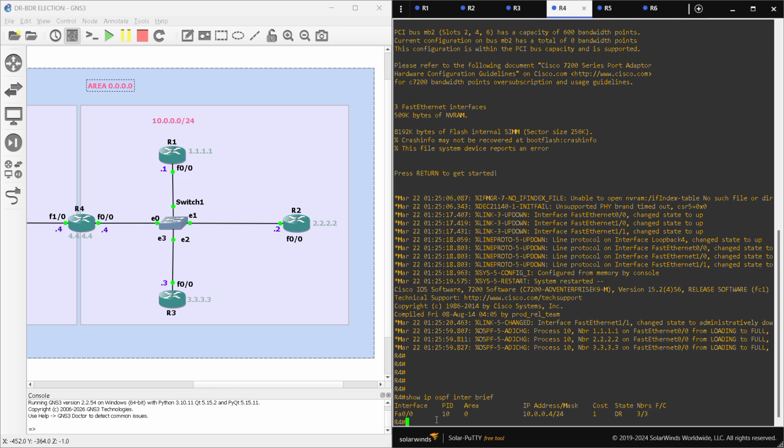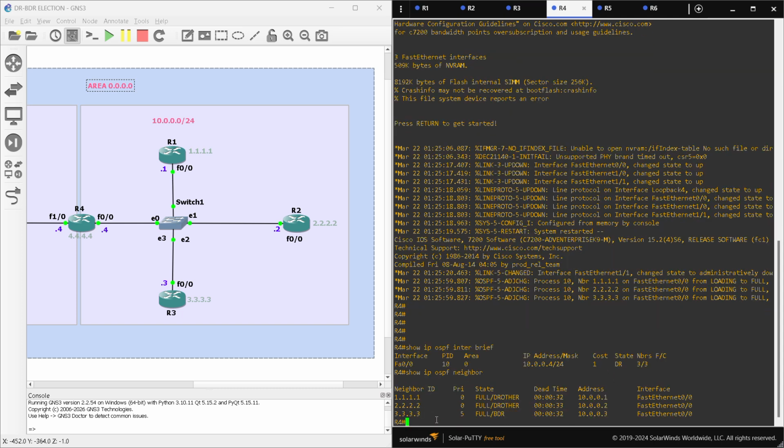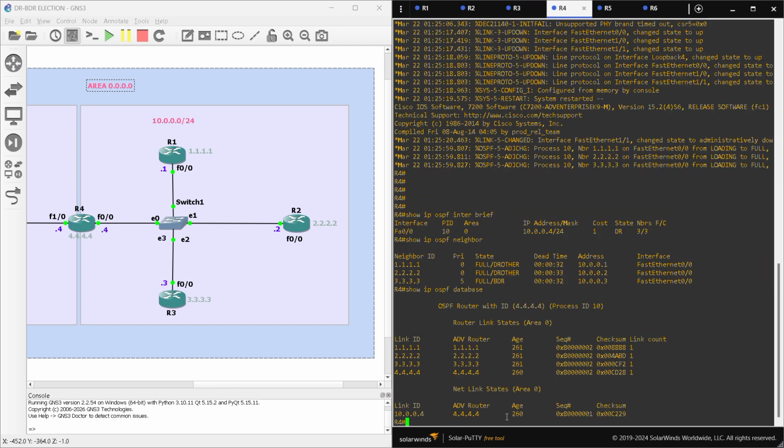Now let's check the neighbor. So show ip ospf neighbor. As you can see, R1 and R2 are acting as DR other and R3 is BDR, right? Yes. If I go and check the database, we can see that the type 2 LSA, which is the network LSA, is being generated by R4 only.